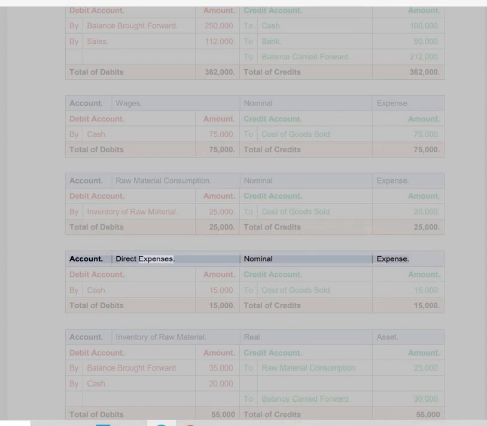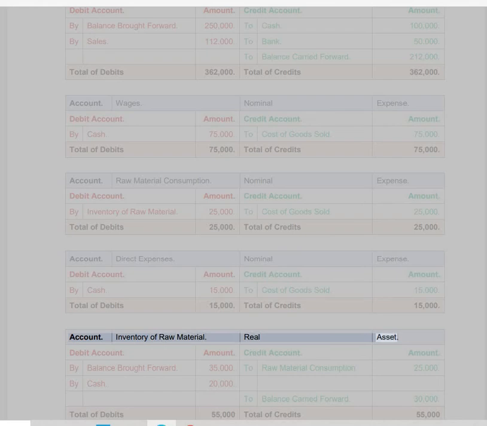Account: Direct expenses. Nominal expense. Debit account, amount, credit account, amount. By cash, 15,000. To cost of goods sold, 15,000, total of debits 15,000. Total of credits 15,000. Account: Inventory of raw material.